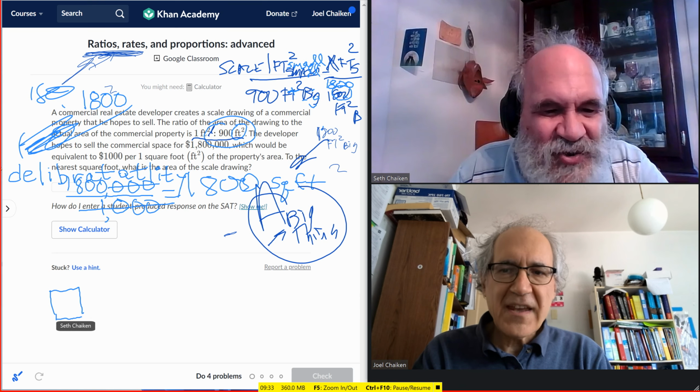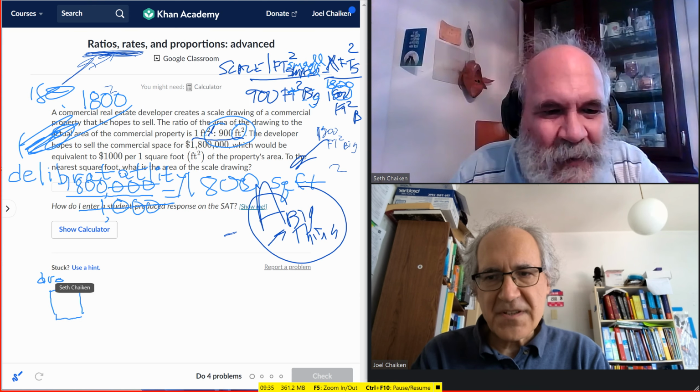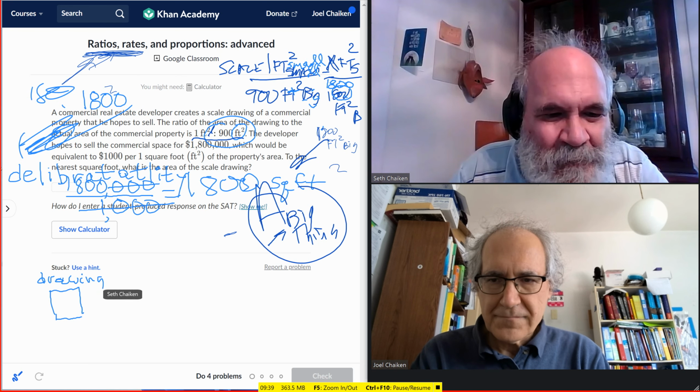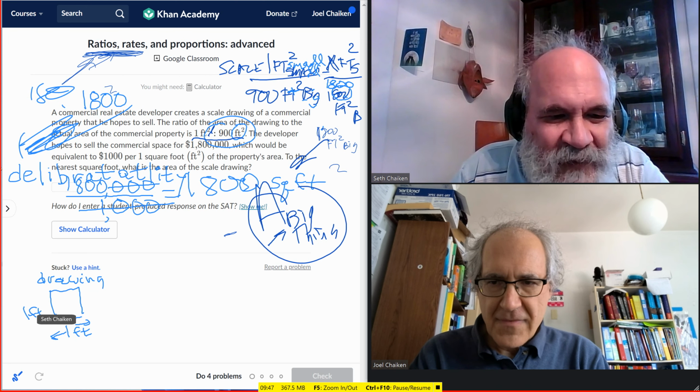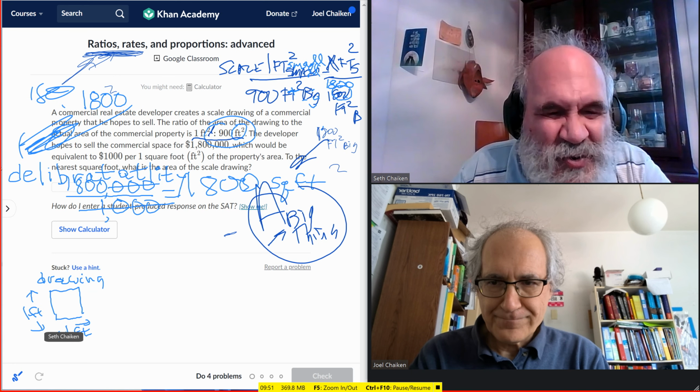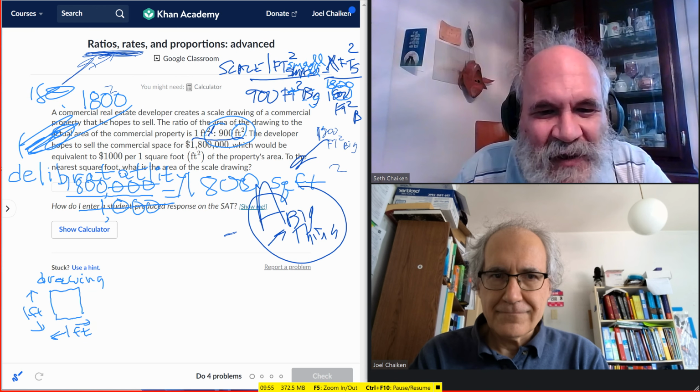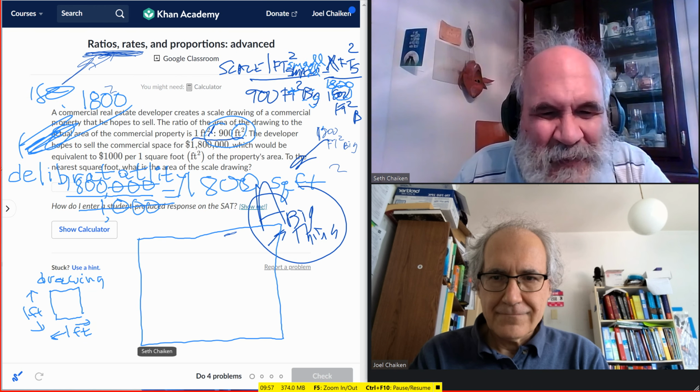How does the area scale? Here is a drawing. The area scales as the dimension of the lengths. And this drawing is 1 foot wide and 1 foot tall. The actual building is bigger.